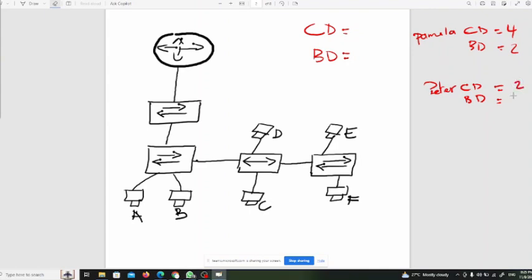Okay, sorry, sir. Collision domain 1, broadcast domain 2. Collision domain 1, broadcast domain 2.